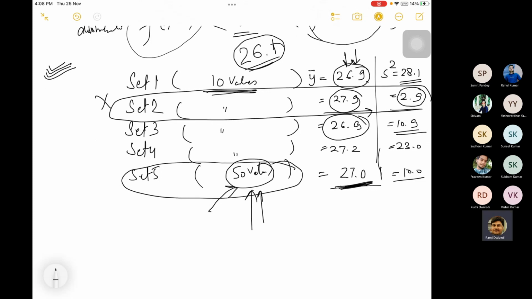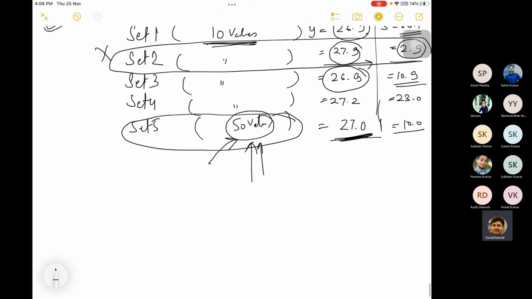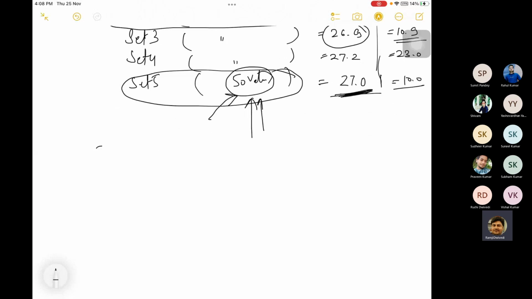So this is the sampling distribution theory. In the sampling distribution theory, you have three types of tests which are very popular. One is the chi-square test or chi-square distribution.